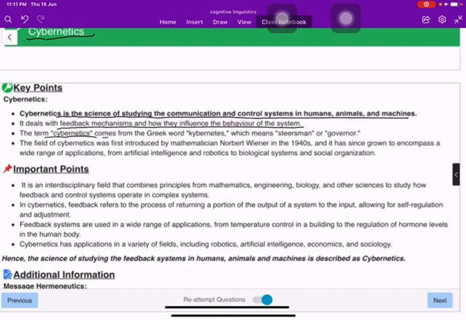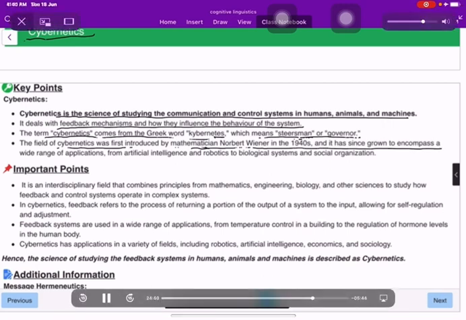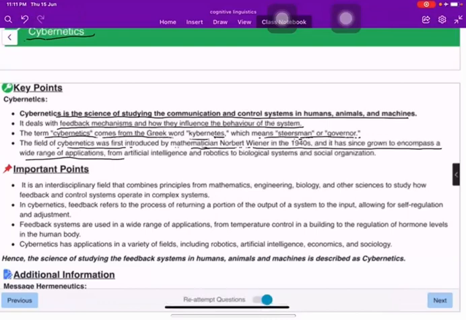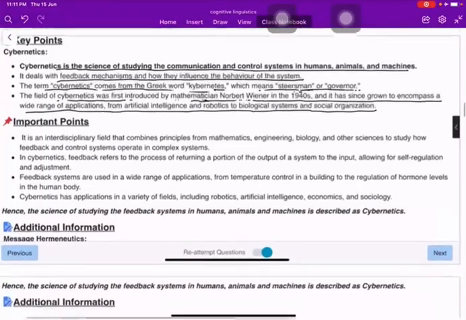The term cybernetics comes from the Greek word kybernetes, which means steersman or governor. The field of cybernetics was first introduced by mathematician Norbert Wiener in the 1940s, and it has since grown to encompass a wide range of applications from artificial intelligence and robotics to biological systems and social organization.